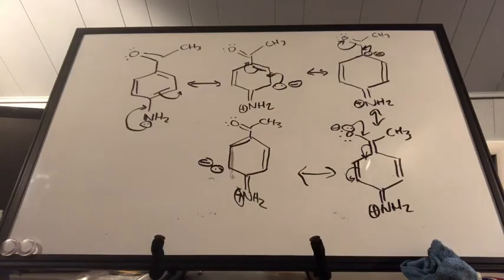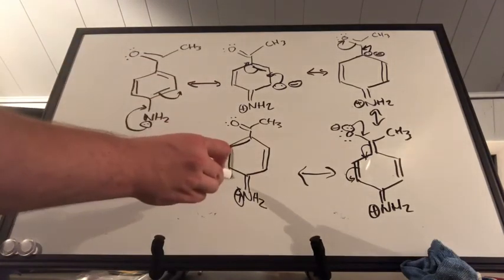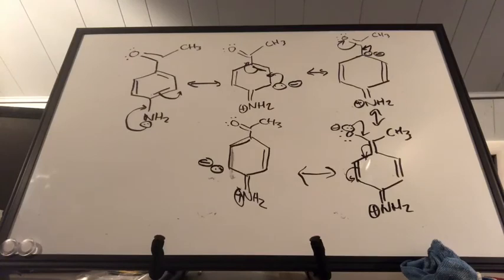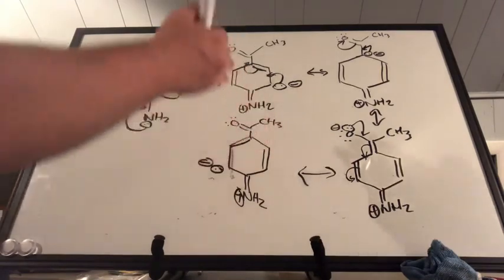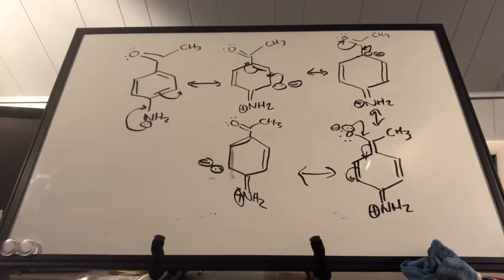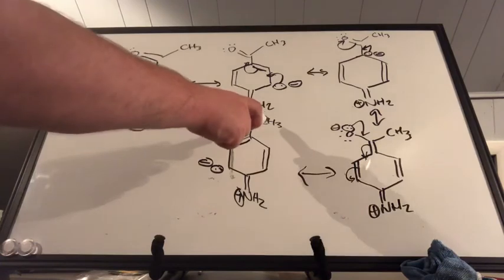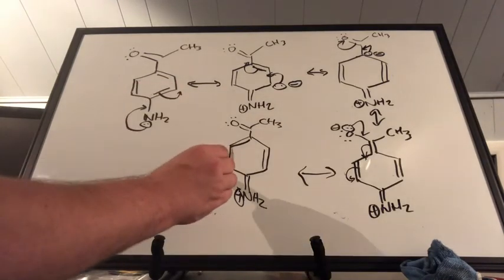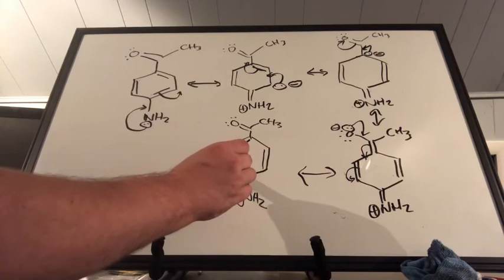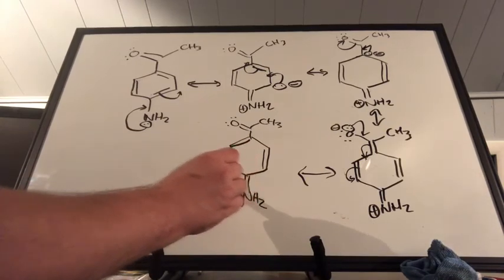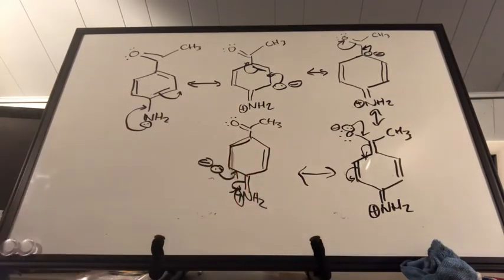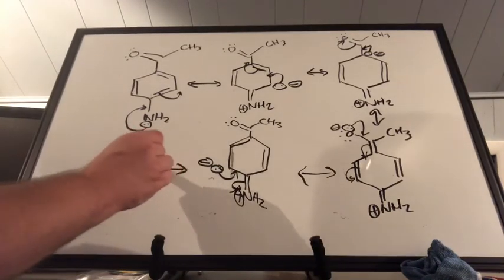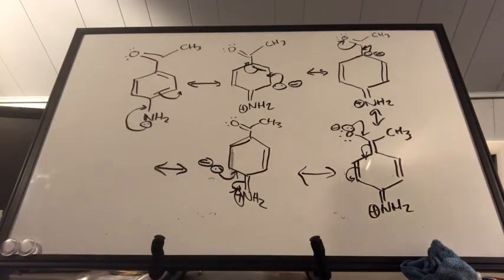One thing to make note of here is that this resonance form and this resonance form are not the same. If you were to flip these over, it's going to look different from what you see here, right? Because this is going to be planar, and the CH3 isn't the same as that C double bond O. So in other words, we're going to count how many resonance structures we have in the end, because the more resonance structures you have about a particular compound, the more stable that particular anion or compound is.